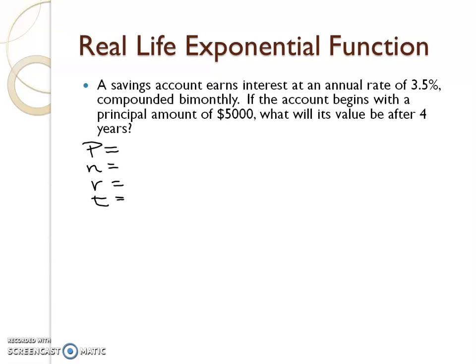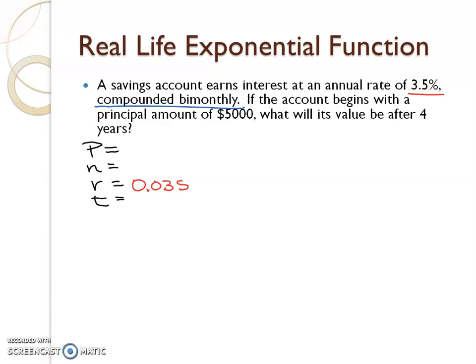Okay? It gives me an annual interest rate of 3.5%. I've got to turn that into a decimal, so it's 0.035. Okay? Next, it says that it is compounded bi-monthly. So that's a new one. Bi means 2.